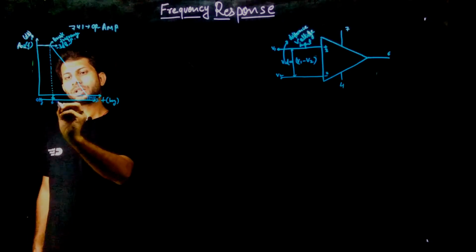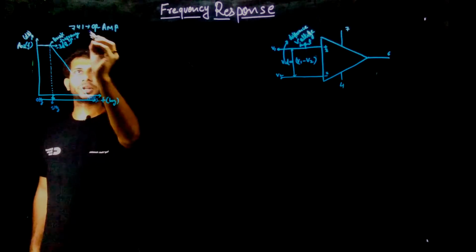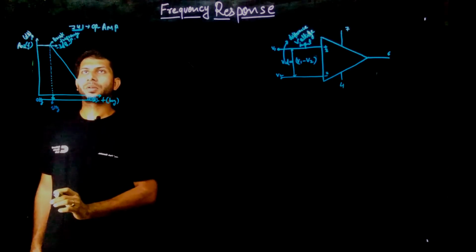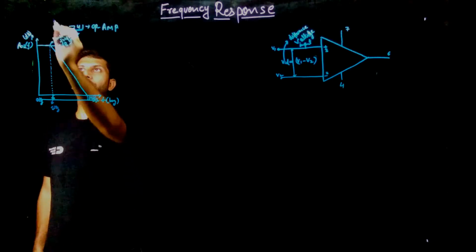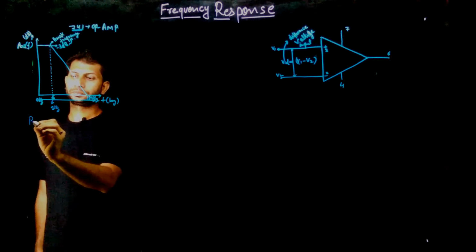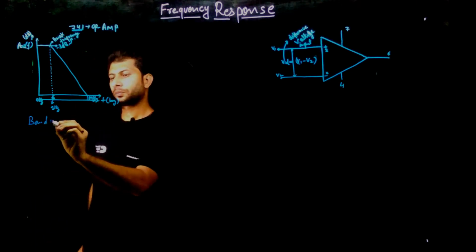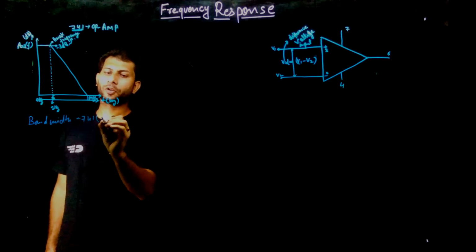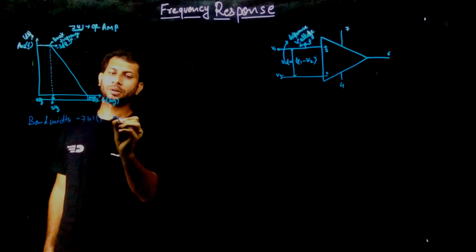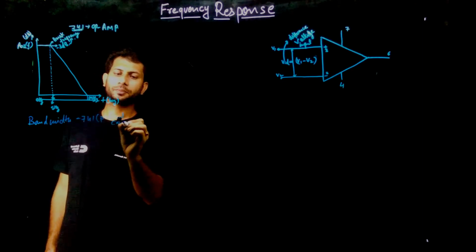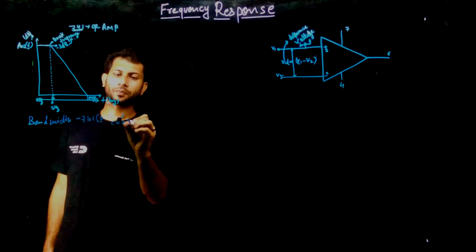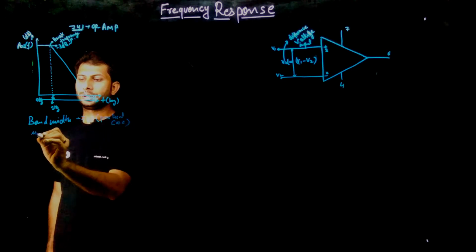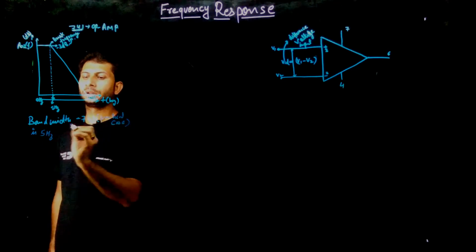till this point, which is 5 Hz for the 741 IC, this is the bandwidth of the 741 IC. The bandwidth of the 741 for the practical case is 5 Hz.